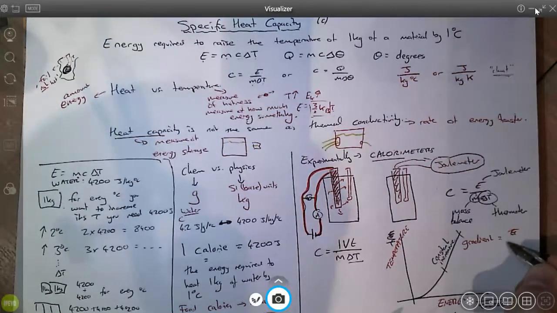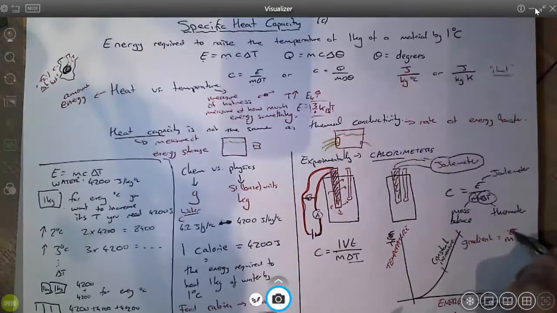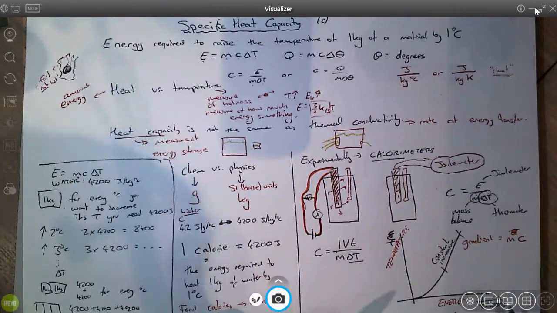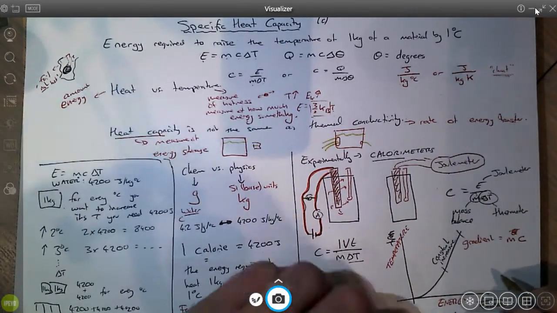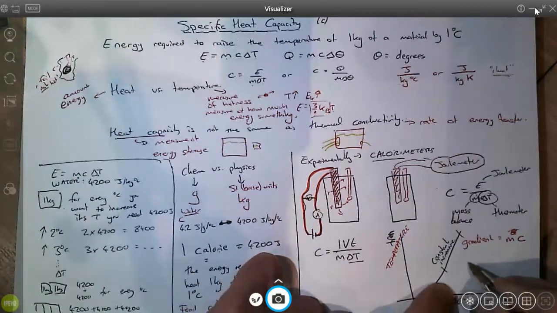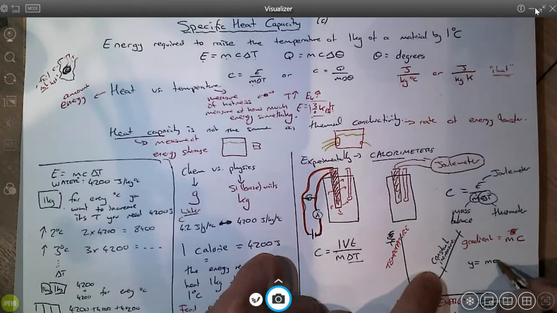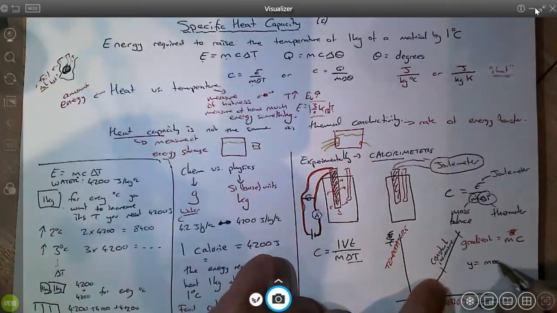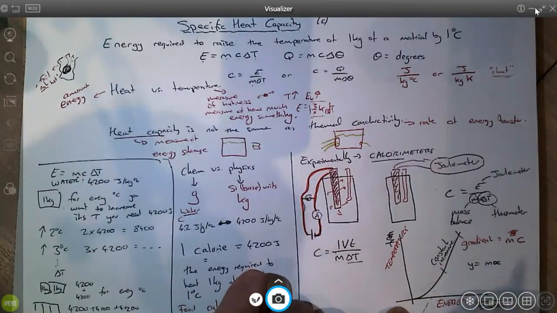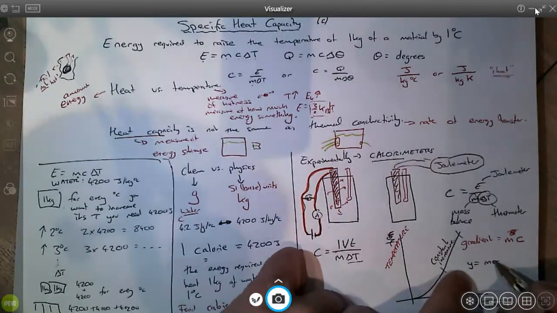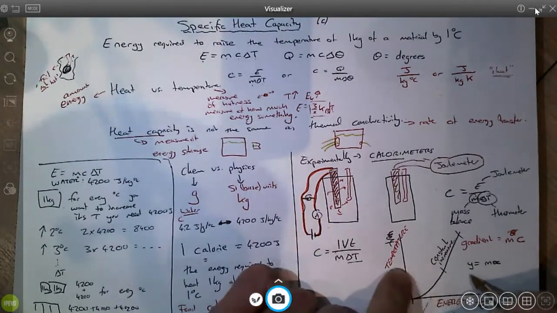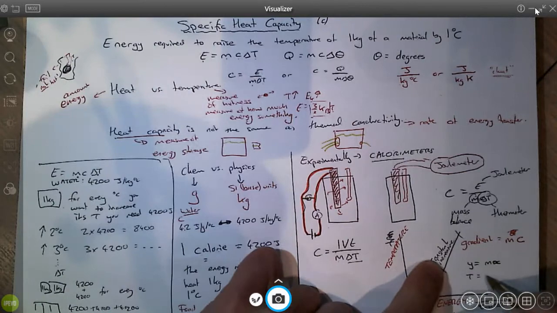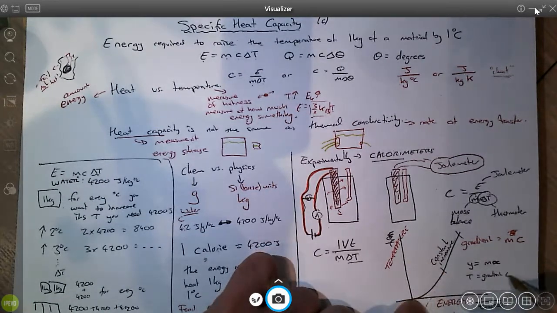We say the gradient is equal to mass times the heat capacity. Okay, so what we're really saying, you don't need to do this with students. You can if you want, especially if it's high ability. We're saying y equals mx for this constant section, right? We're going to ignore this intercept. Y equals mx. The y value is the temperature, m is the gradient, and x is the energy.